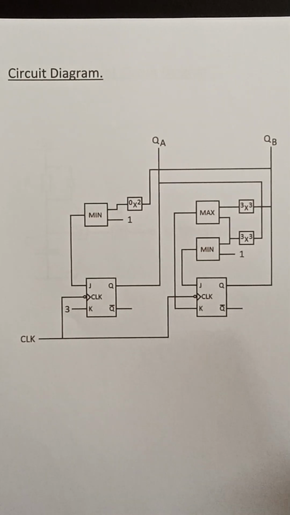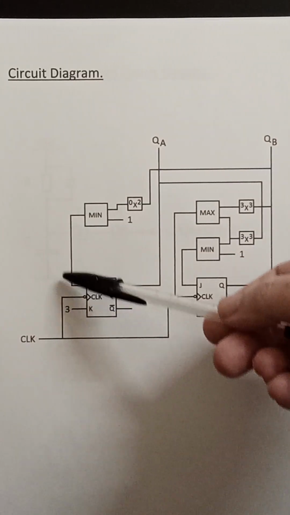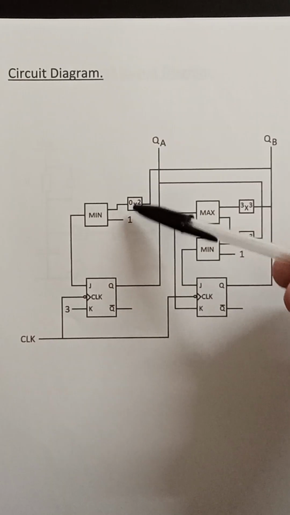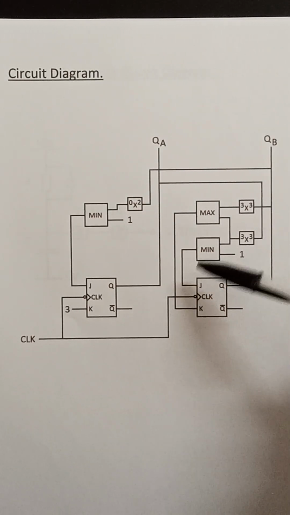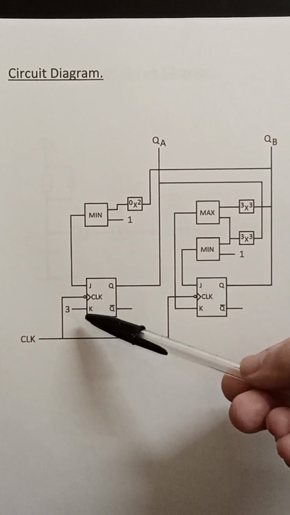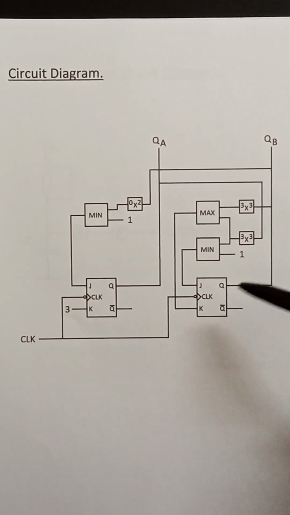This is the circuit diagram for the modulo 13 counter. Here we have JA, the minimum function and X0. This is KA, which is a 3 permanently.